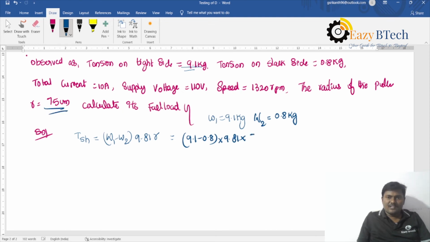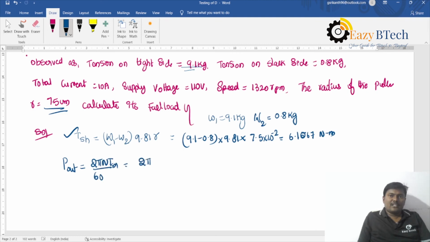So (9.1 minus 0.8) into 9.81 into the radius of the brake drum, 7.5 into 10 to the power minus 2. That should be equal to 6.1067 Newton meter.